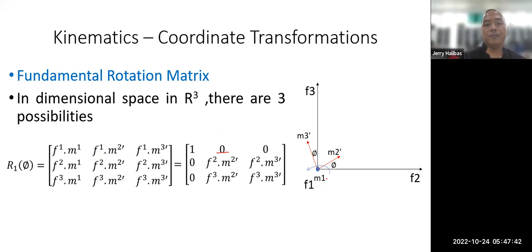So ang imong F1 is gatindog, pointing away sa imuhang plane, sa kaning na plane na F2 and F3 na plane. So that is 90 degrees and cosine of 90 degrees is 0.